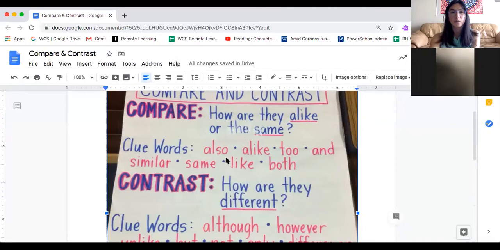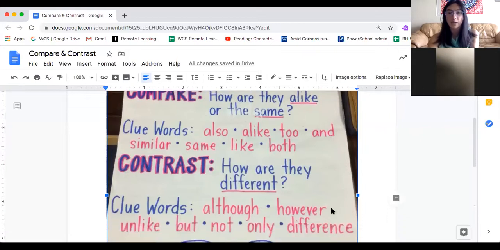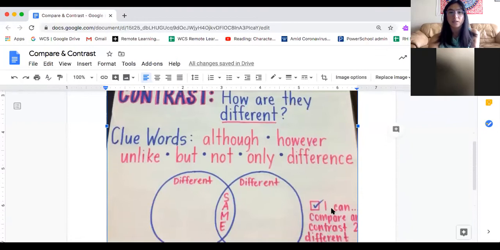Clue words could be ones like also, same, similar, or both. When we contrast, we think, how are my two characters different? Some clue words could be although, however, unlike, or difference.